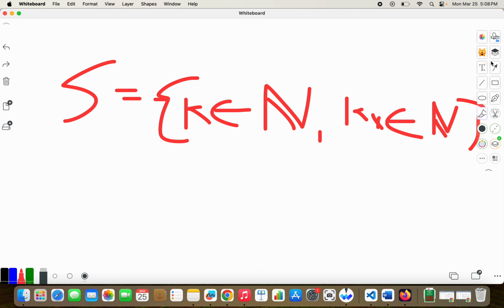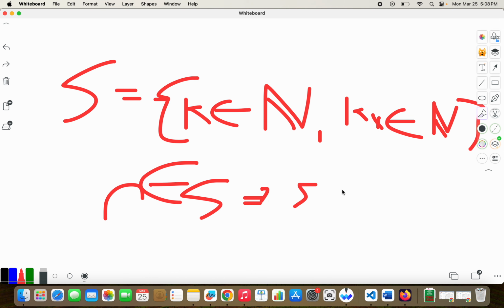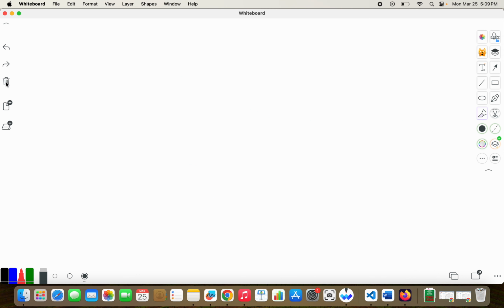So let's define the set S such that for all k in the natural numbers, k times x is in N. Note n is in S, which implies S is non-empty. So, by the well-ordered property of the natural numbers, S has a least element k0 in S, since it's a part of the natural numbers.